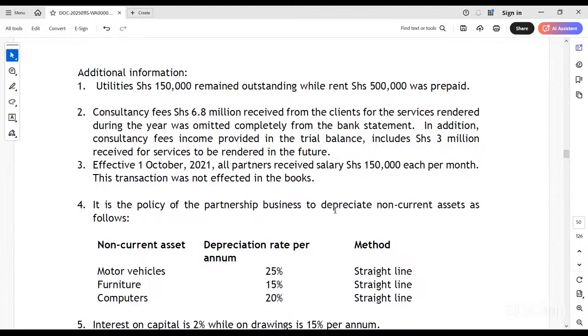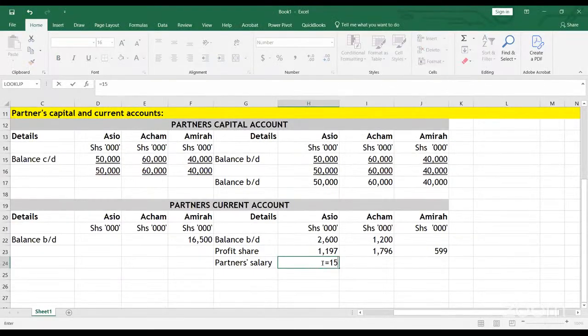That is a period of 3 months. These salaries should be credited in their current account. So I'll take 150K times 3 months, and that will give us 450K.